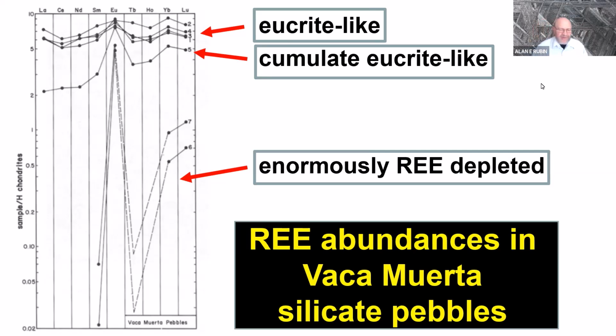But we discovered some of these enormously rare earth element depleted clasts. They're extremely low in rare earth elements. In fact, we couldn't even measure the lanthanum, samarium, and neodymium in them. They have very low samarium contents because they, again, are like super cumulate eucrites. Incompatible elements have been squeezed out to an enormous extent.